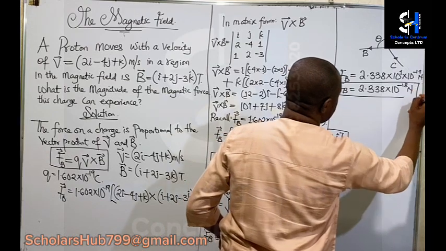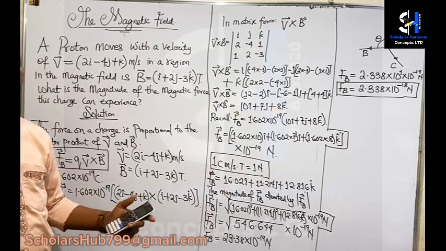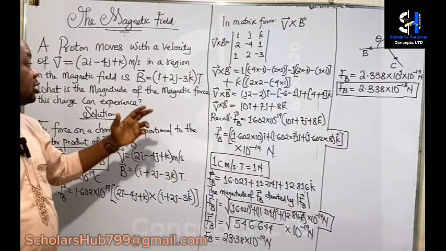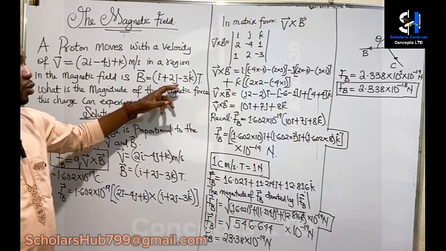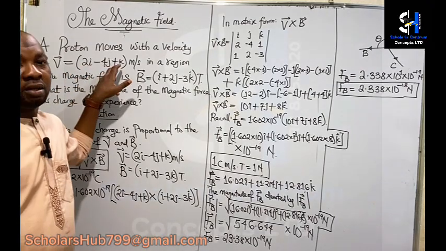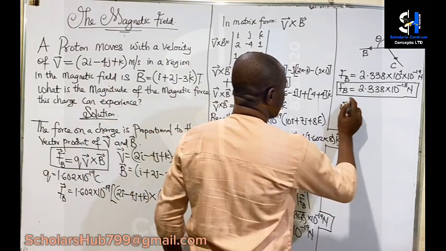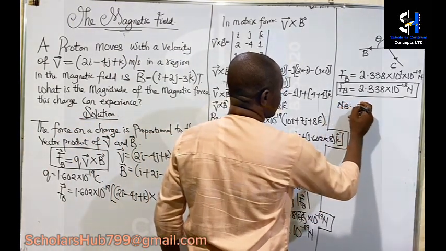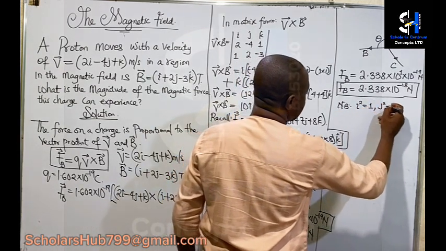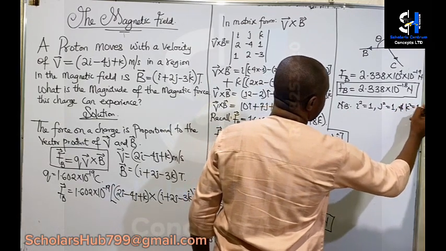So this is the magnitude of the magnetic force on a proton, which is a positively charged particle moving through a magnetic field with the intensity we are given here, with a velocity 2I minus 4J plus K. Note, like I said, I square is equal to 1, J square is also equal to 1, and K square is also equal to 1.